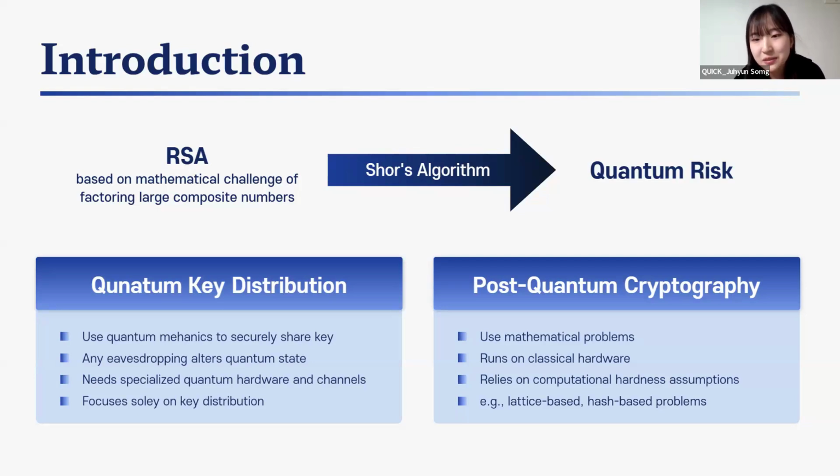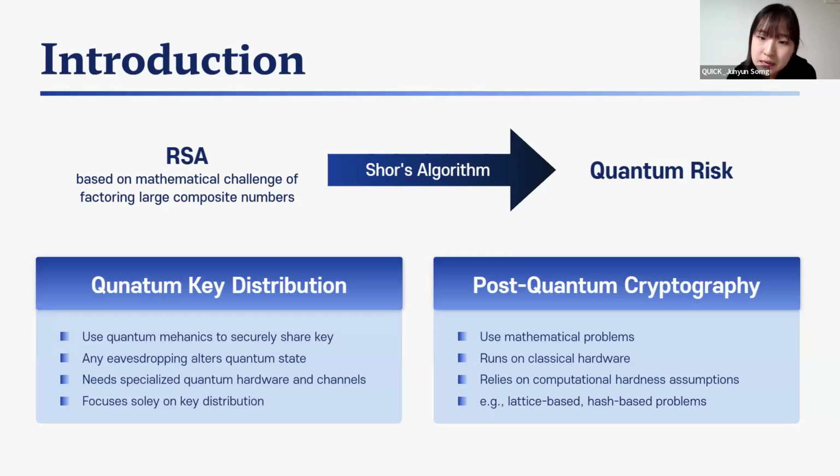It is important to note that QKD only deals with key distribution, not data encryption itself. For PQC, despite having the word quantum in its name, PQC does not actually use quantum properties. Instead, it is purely based on classical mathematical problems and can be implemented using traditional hardware.